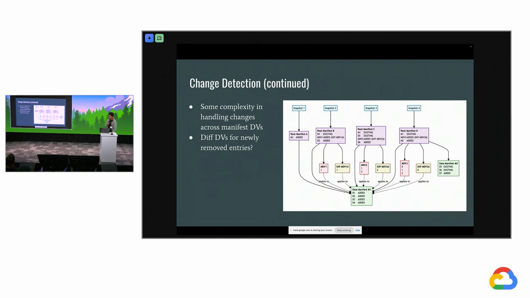In this example, with manifest DVs, we can mark a position as deleted. We have a snapshot with a data manifest, and then the next snapshot adds a manifest DV to mark one of the positions in the leaf manifest as deleted.